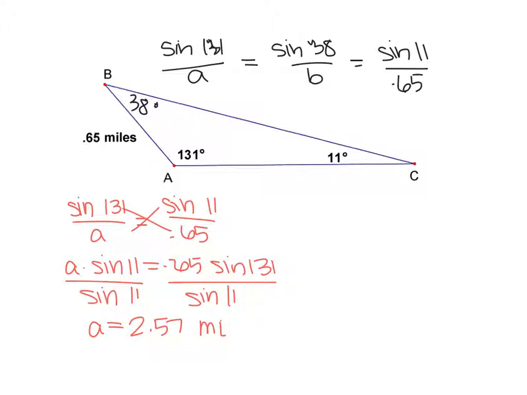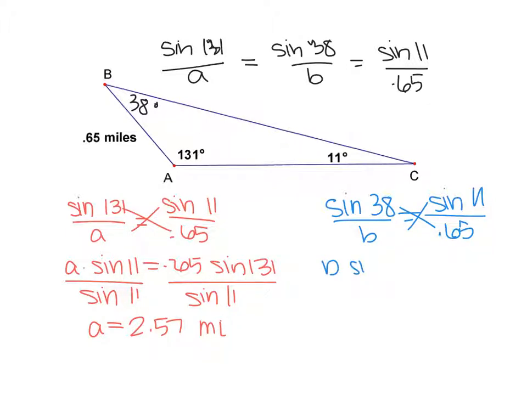Now we're going to solve for side B. We use sine of 38 over B equals sine 11 over 0.65. Again, cross multiply.